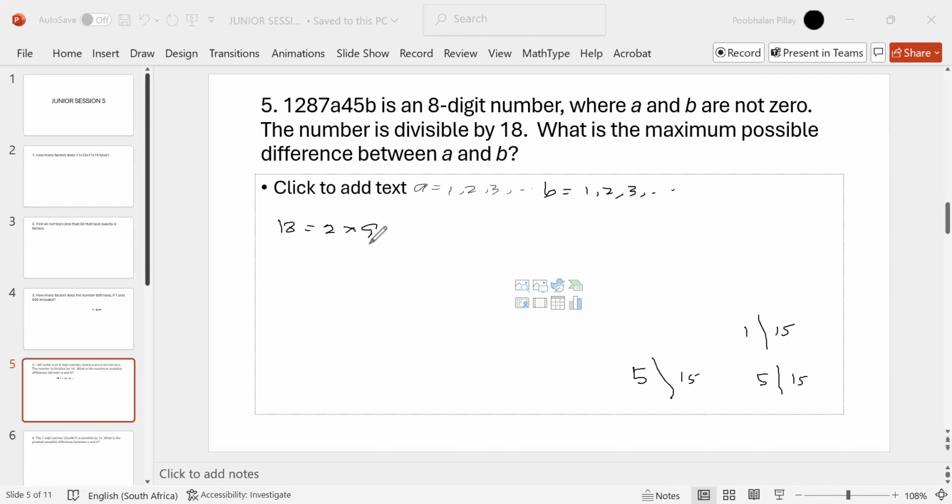So if 18 is a factor, the number is divisible. So 18 is a factor of 1, 2, 8, 7, A, 4, 5, B. So it means that 2 is a factor, which means that B is even.